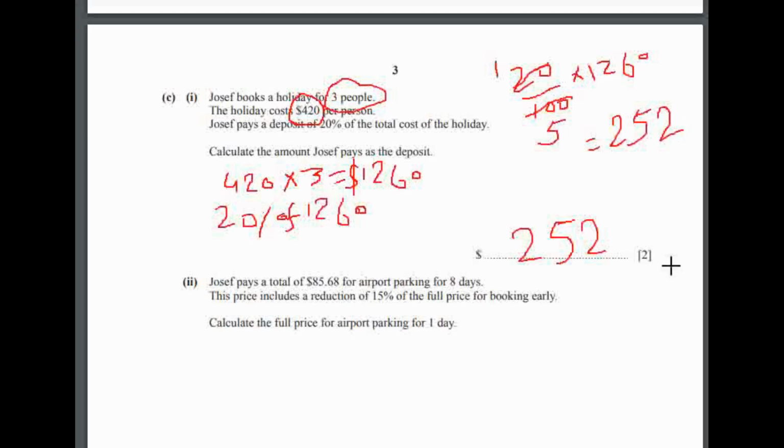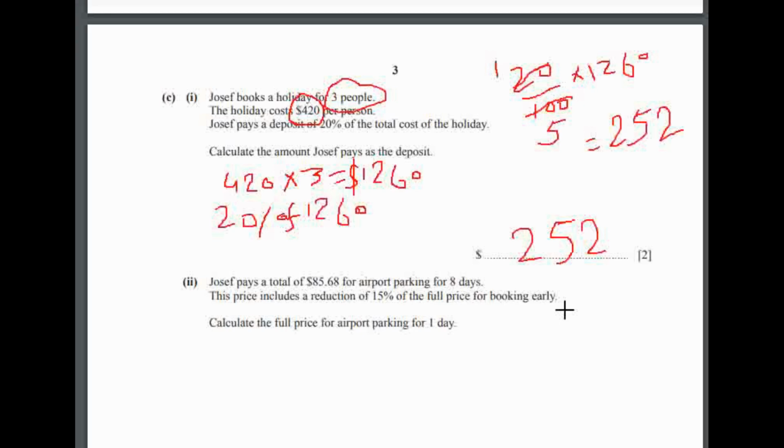That's it. Next, Joseph pays a total of 85.68 for airport parking for 8 days. This price, this 85.68, includes a reduction of 15% of the full price for booking early. So first of all, we have to calculate the full price for 1 day.